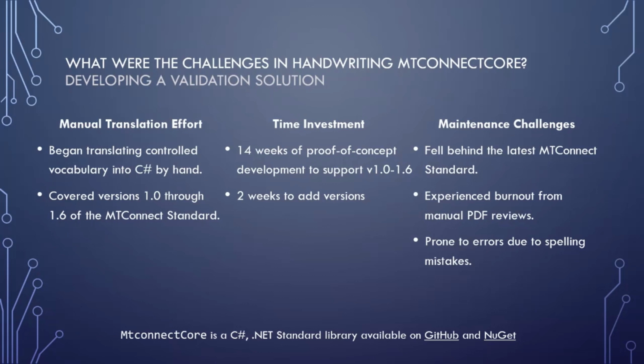We estimated that it was taking about 2 weeks to update this code library anytime there was an update to the standard. And by the time we had this proof of concept that supported up to version 1.6, we were already, I think, about 3 versions behind the latest version of the MTConnect standard. I think 2.0 was just being released.